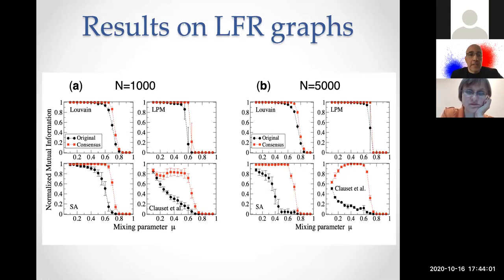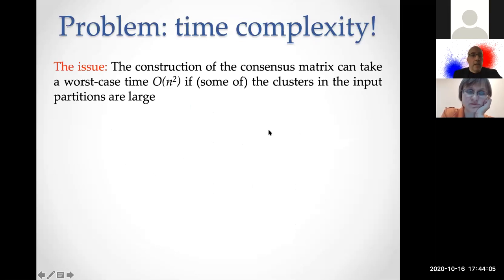Okay, so basically this is the same exercise we're going to do. Oh, sorry. Okay, but there is a problem with the initial technique that we proposed in 2012, which is time complexity. If you think about how you construct a consensus matrix, if you have a large cluster in one of the input partitions, any pair of nodes in the cluster will give you a score of 1 because they are co-clustered.